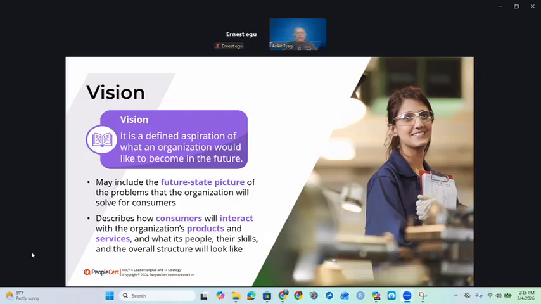This may include the future state picture of the problems that the organization will solve for consumers, and describe how consumers will interact with the organization's products and services, and what its people, their skills, and overall structure will look like. Well, of course, that's what we identify, that's what we understand as to how are we going to create value, how will the consumers be interacting with the service providers, what would be the skills that are required, what would be the overall structure. So basically defining or creating a future state picture.